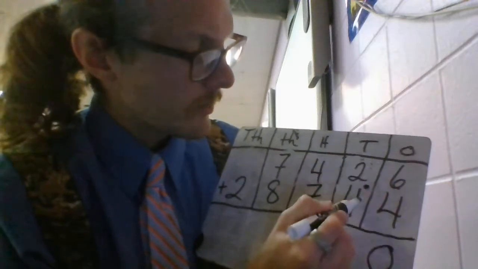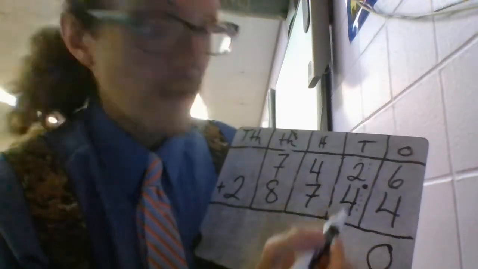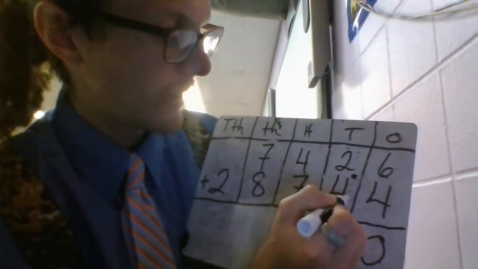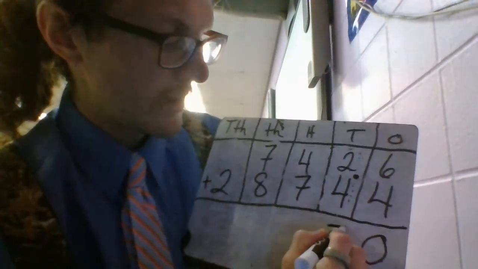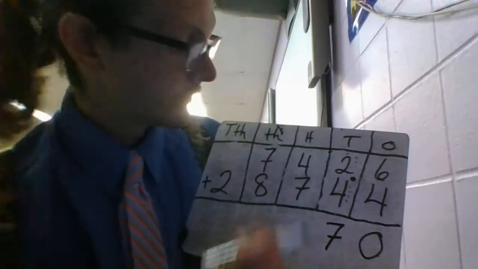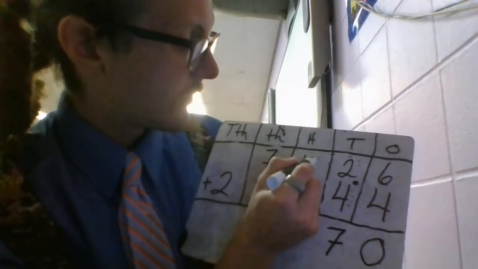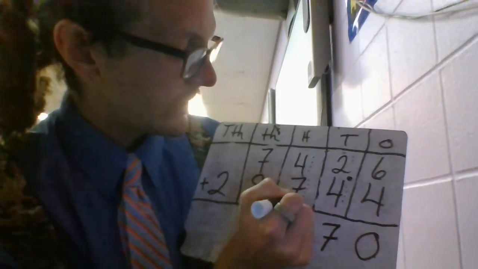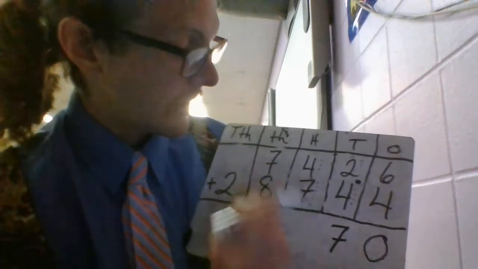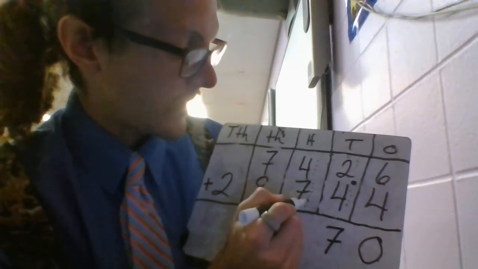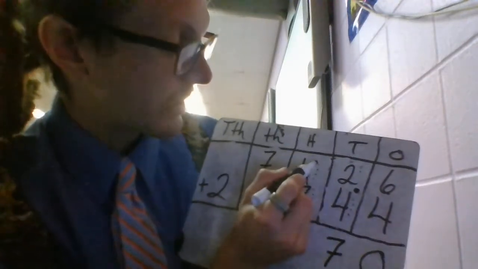2. Plus 4. How many dots do we have in here? 7. 4 plus 7. We have 11 total dots.